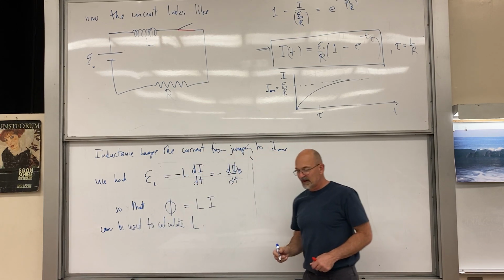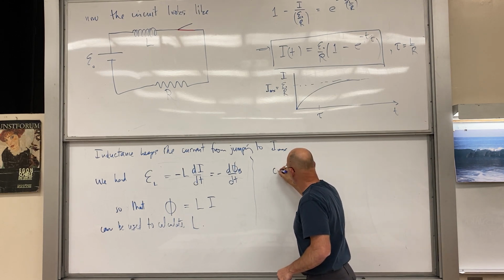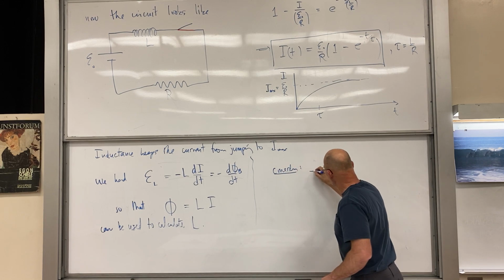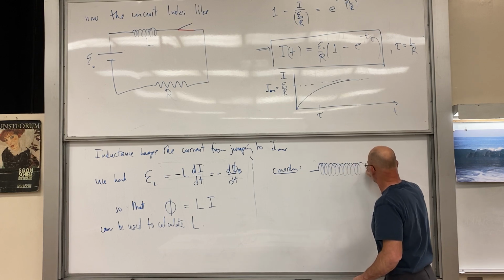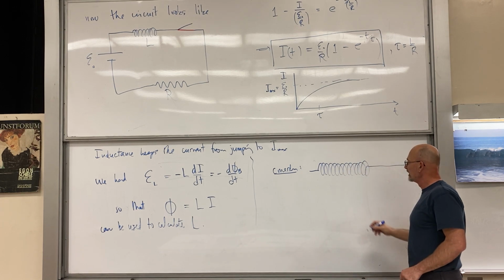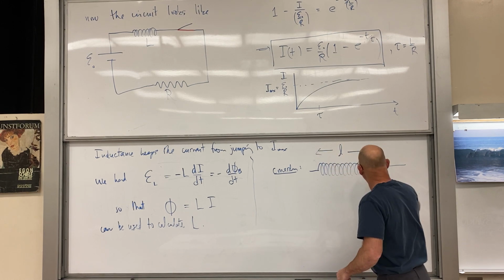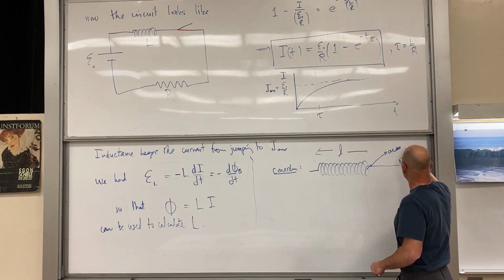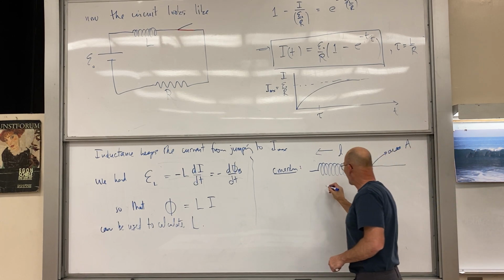So this is an interesting example. What we're going to do is imagine we have a solenoid, so many turns, okay. And this thing has a length L, a cross-sectional area A, length L, cross-sectional area A, and N turns.